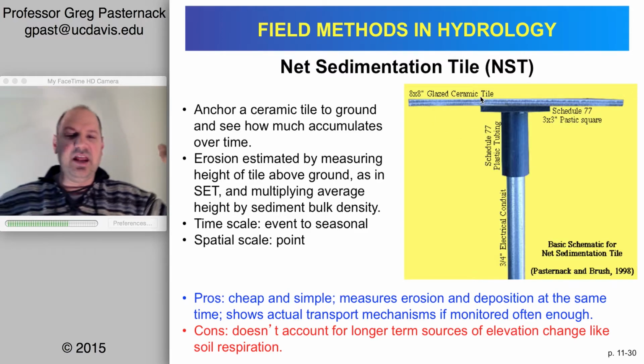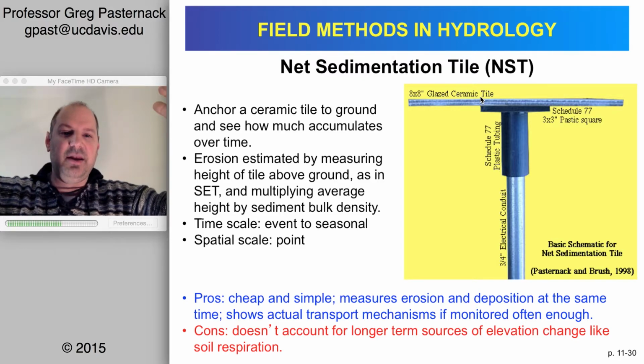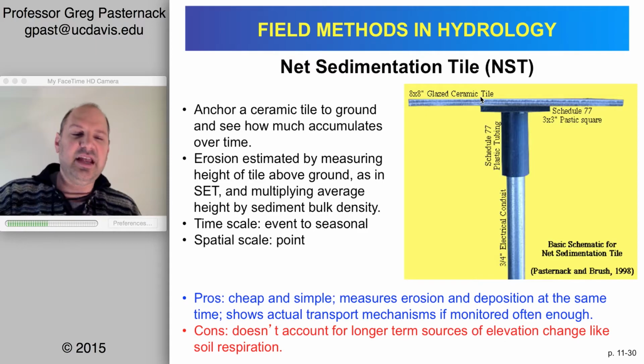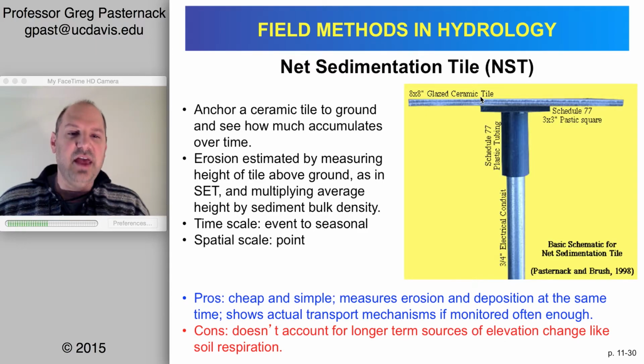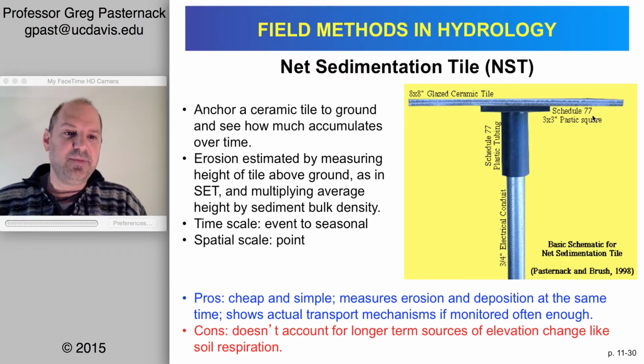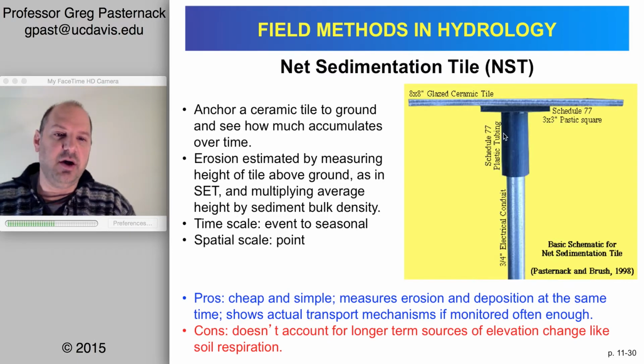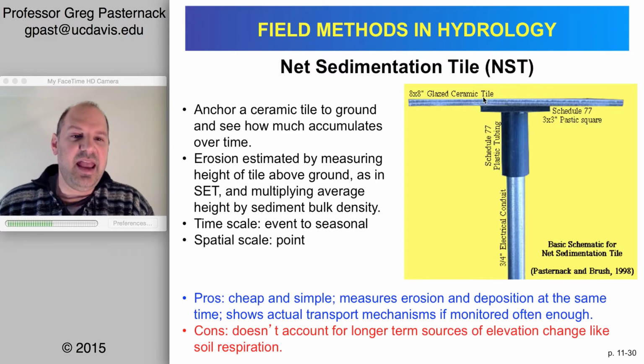Now you can imagine that if you're progressively filling sediment up, then when you take the sediment off, the tile is going to be lower than the ground surface. But that's easy to fix by simply putting a block of stuff inside this tube, which then raises the tile up to keep it flush with the surface. So you can maintain its position at the surface even as the surface is going up and down through time.